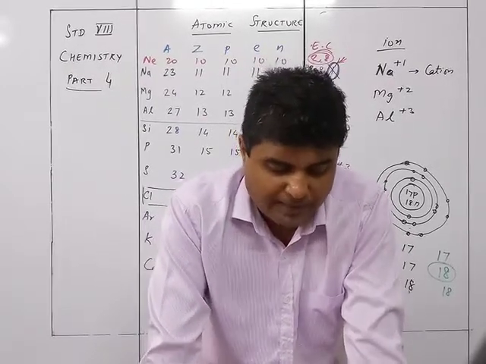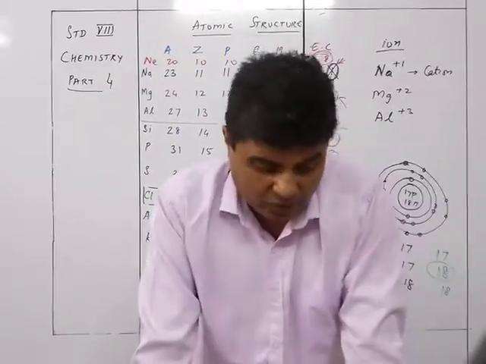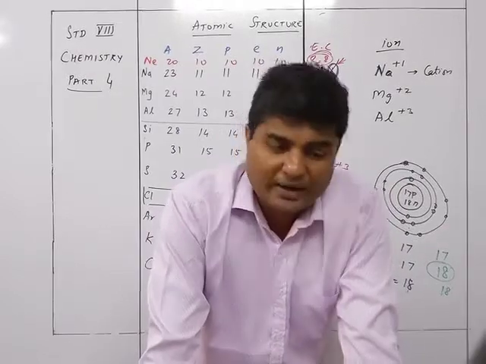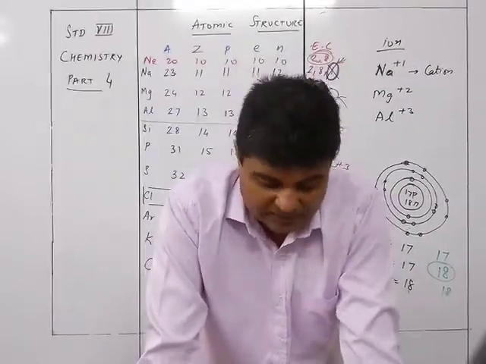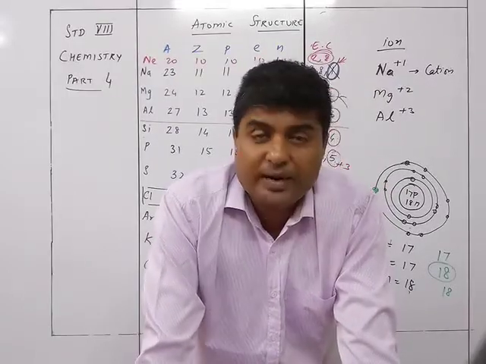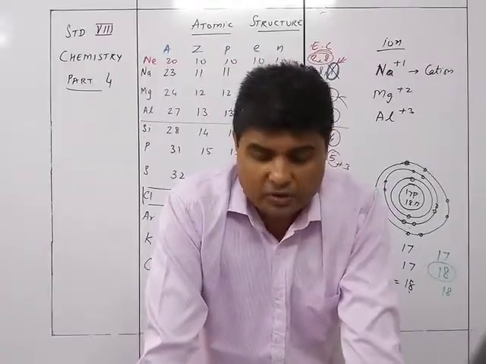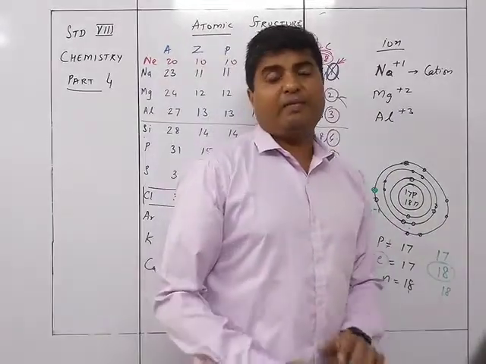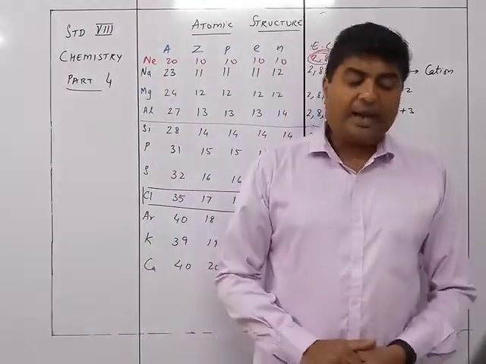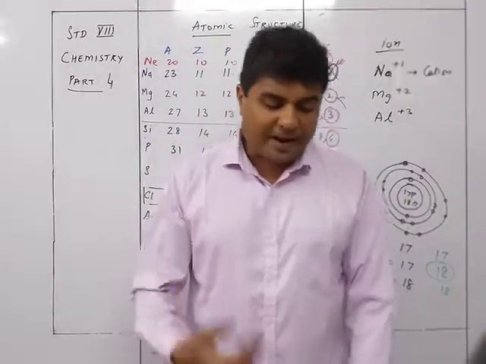Magnesium, 2, 8, 2, loses 2 electrons to give 2, 8 and becomes Mg2+. And aluminum will lose 3 electrons to become Al3+ with 2, 8, and its valency will be 3.